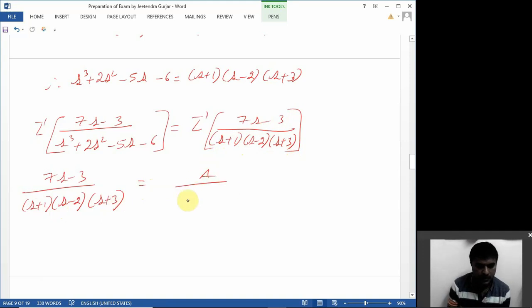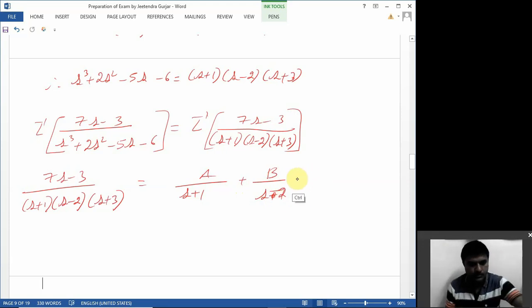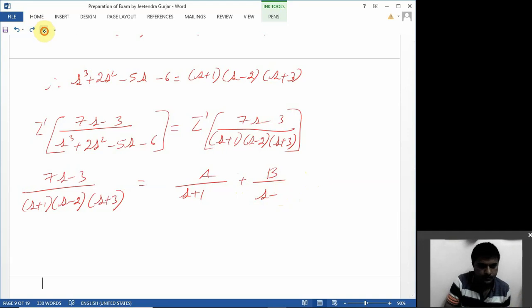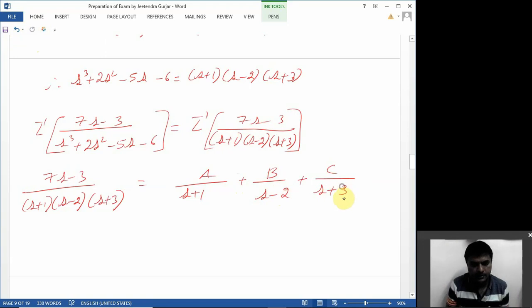This is a divided by (s plus 1) plus b divided by (s minus 2) plus c divided by (s plus 3). Okay, so find a, b, c, substitute a, b, c and tell me quickly what is the answer.